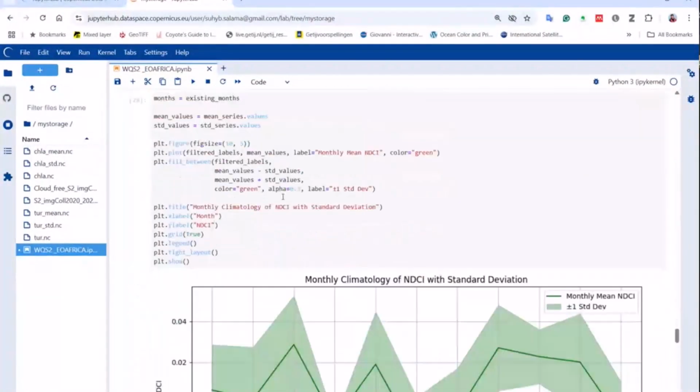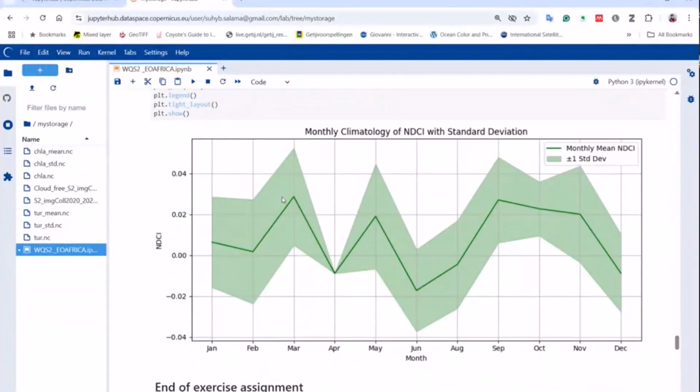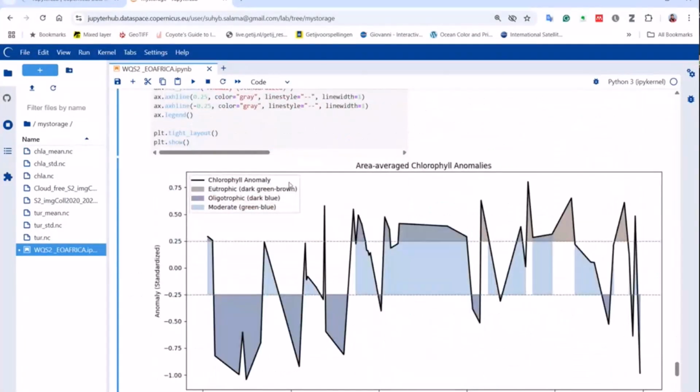You could look at the spatial pattern, the temporal pattern, the seasonal pattern, and finally, you converted this spectral index to standardized anomalies, calculated the anomalies for the area, and identified that from 2022 till now, the situation has been more towards an increasing probability of eutrophication.